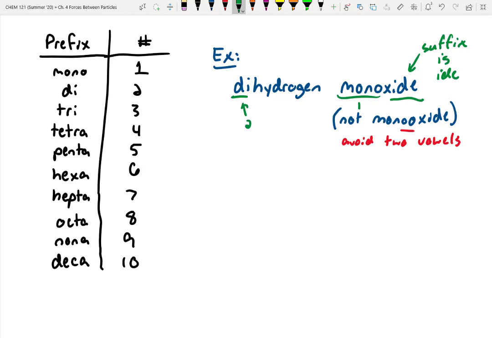Okay, so hopefully this makes sense. Let's do a few more though. Over here we did H2O. Let's do CO. CO is 1 carbon, 1 oxygen. We don't use mono if it comes at the very beginning of a name. It's just implied. So I'll say carbon, but we do have one oxygen, so I'll say monoxide.